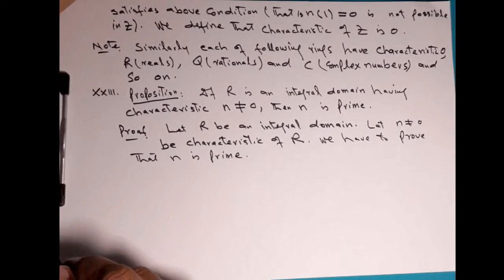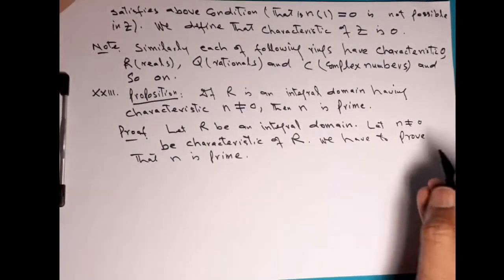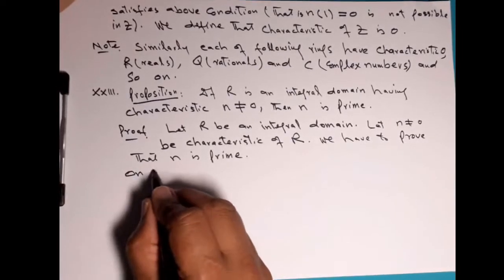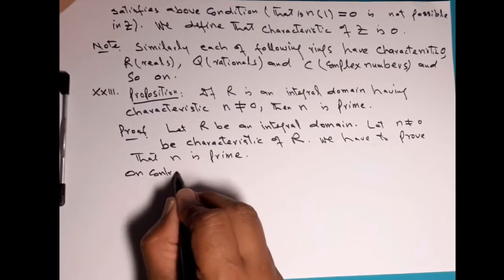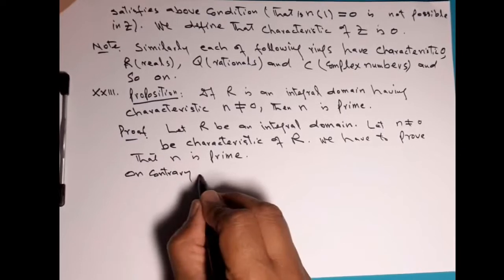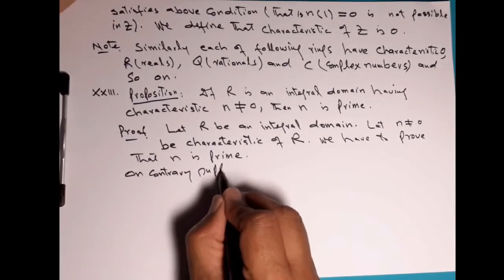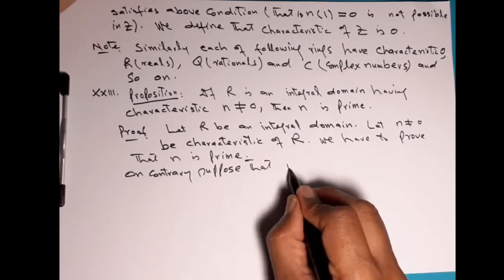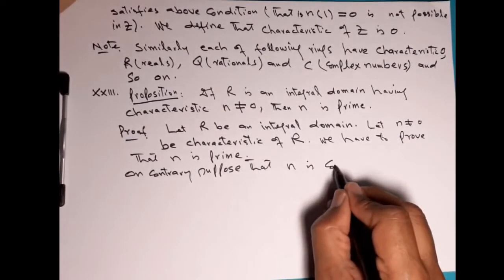We will prove this by contradiction. On the contrary, suppose that n is composite.